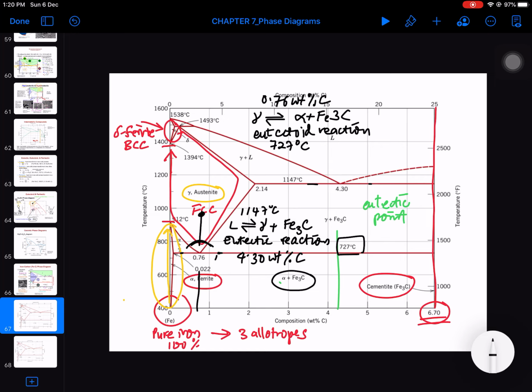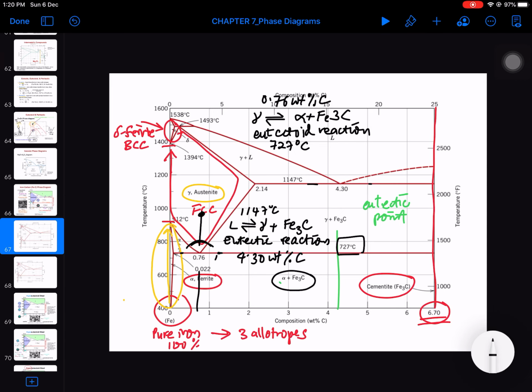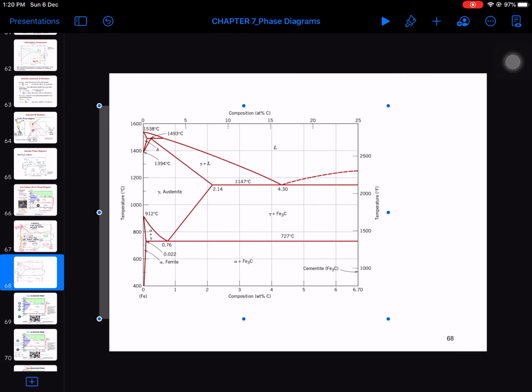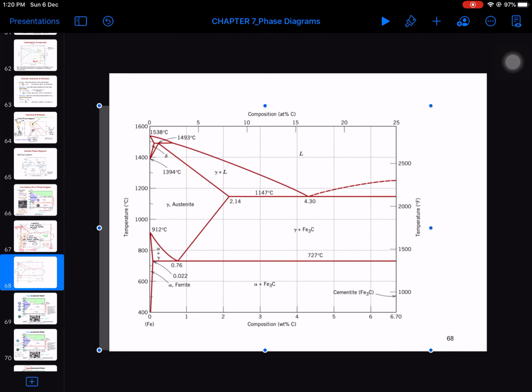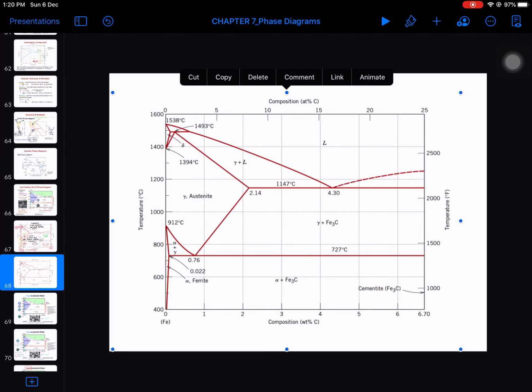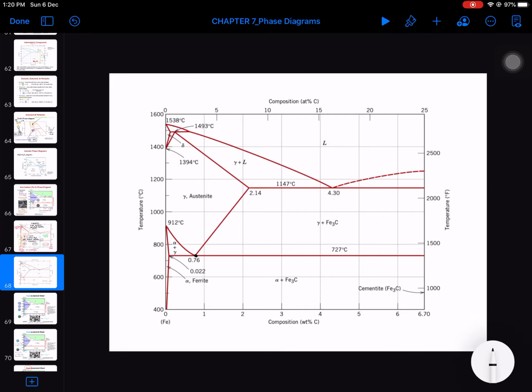Now let's move on. If we look at the phase diagram of iron and iron carbide, let me just do some adjustment to this. If you are referring to the eutectoid point, which is here, why are we referring to the eutectoid point? Because this is where all the transformation, all the heat treatment that we are going to do on steel, will take place.